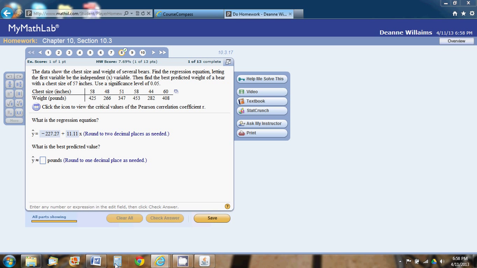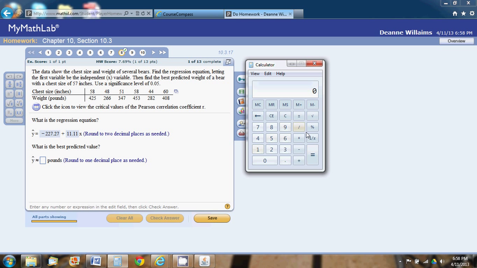So let's bring up our calculator. And we can start with the negative 227.27 pounds, and then add on, I need to do this in the right order.